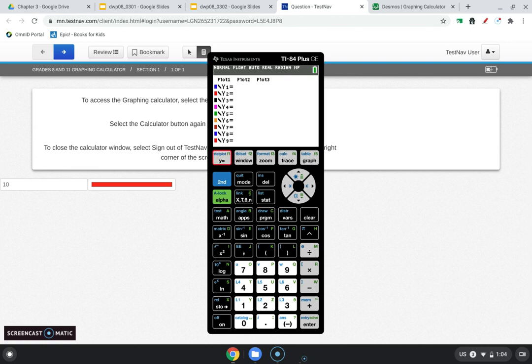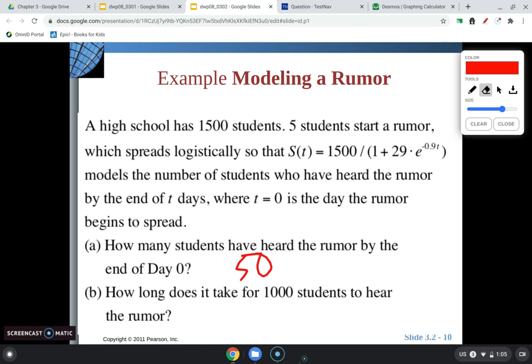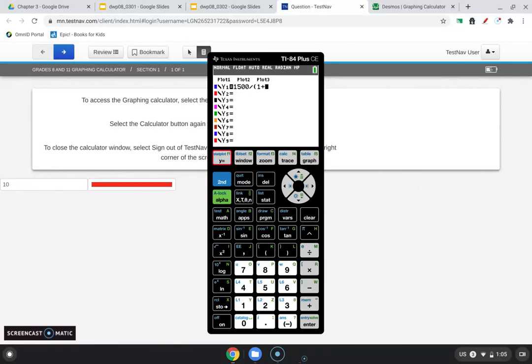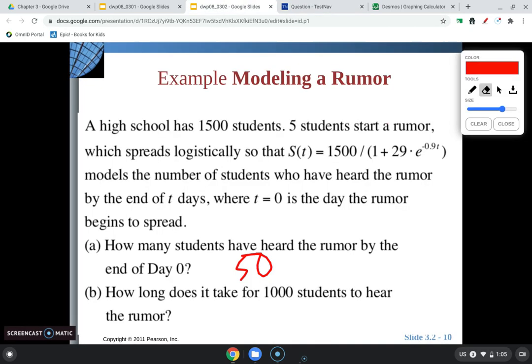It is 1,500 divided by 1 plus 29 times e to the negative 0.9x.